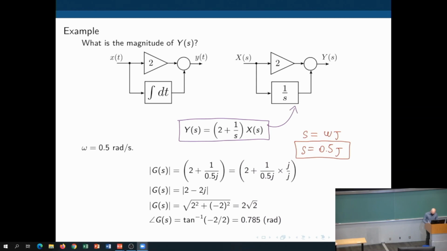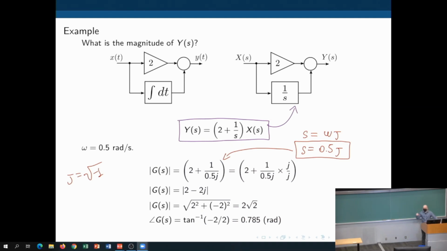And we can now replace S with 0.5 j in there. Okay, so we have 2 plus 1 over 0.5 j. That 1 over j is not easy to handle, so we're going to get rid of it. To get rid of it, we just multiply the top and the bottom of the equation by j. That's the complex number. j is the square root of negative 1.